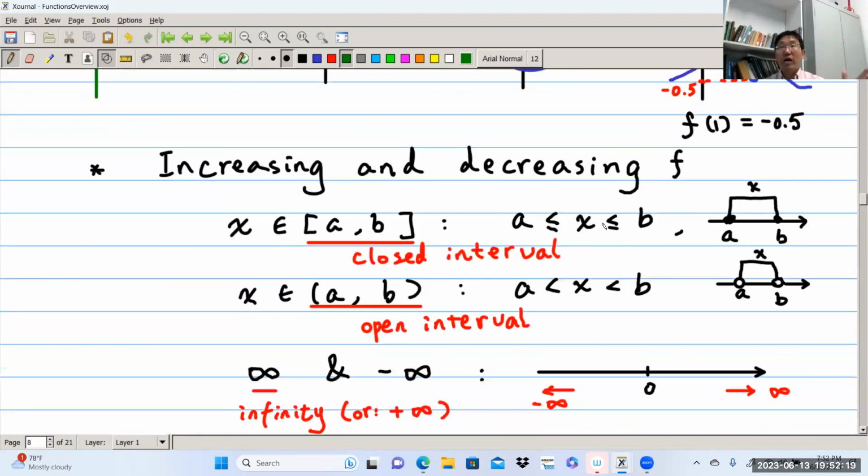Now let's define some properties of functions. To do so, let's first familiarize ourselves with some notation. If x is greater than or equal to a and less than or equal to b, then we say x is between a and b, including a and b.